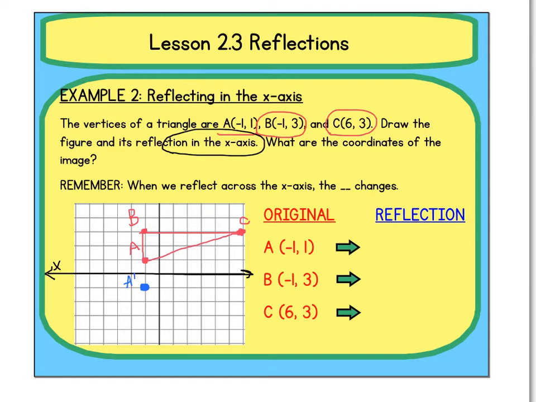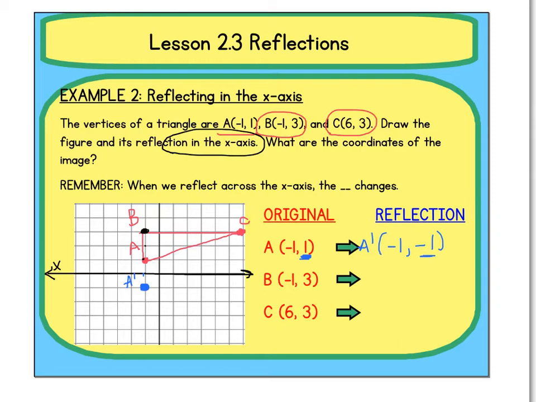The coordinates of that, since I flipped over the x, the y value changed. So that is going to be -1, -1. Notice the only thing that changed from A to A prime was that this positive 1 became a -1. So now I'm going to go to point B. You'll notice that point B, I'm going to highlight it right here, is 1, 2, 3 units away from the line.